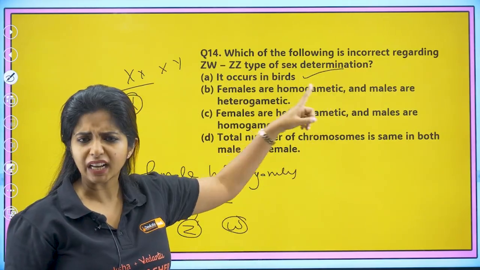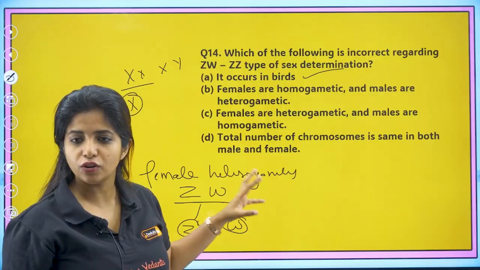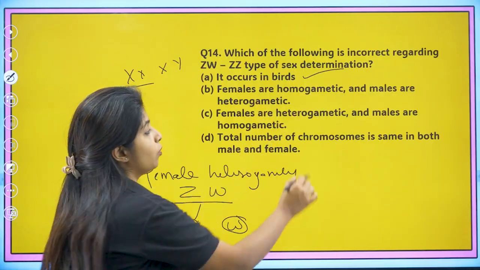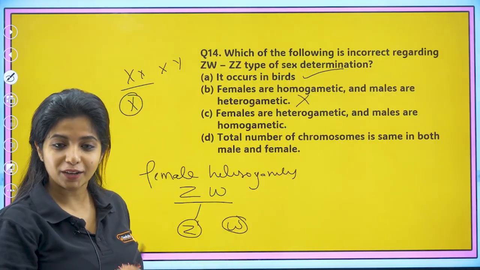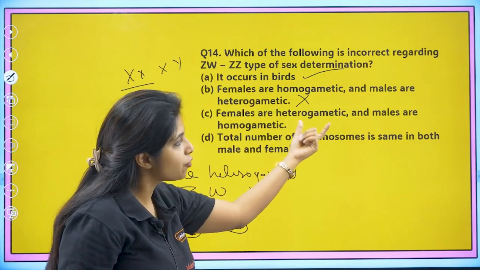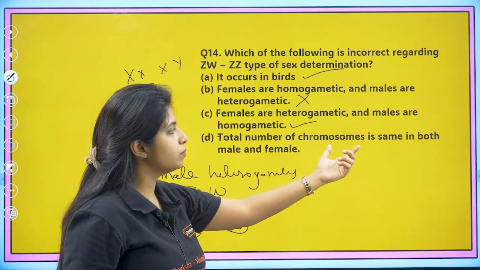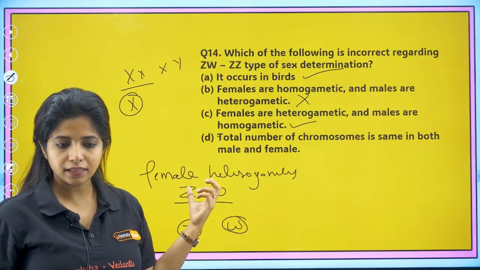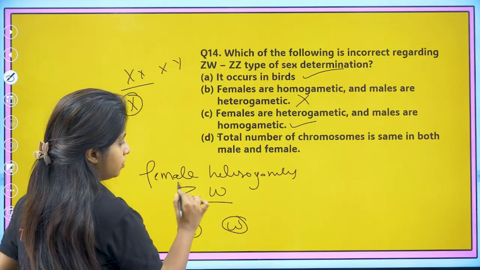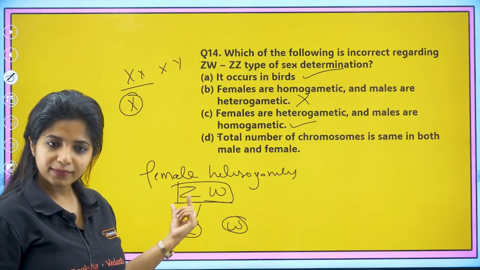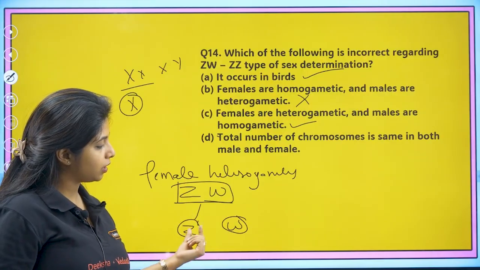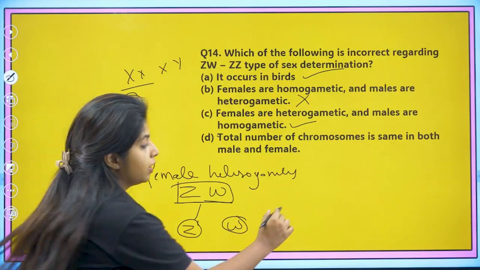Females are homogametic, wrong, no. Are they homogametic? No. And males are heterogametic, again wrong. Males are homogametic over here. So females are heterogametic and males are homogametic. This is correct. Total number of chromosomes is the same in both the male and female. Yes, it would be the same. So over here, this chromosome can come or this chromosome can come.